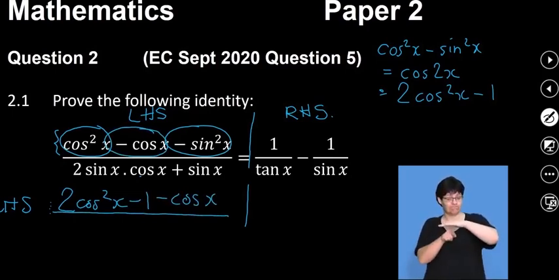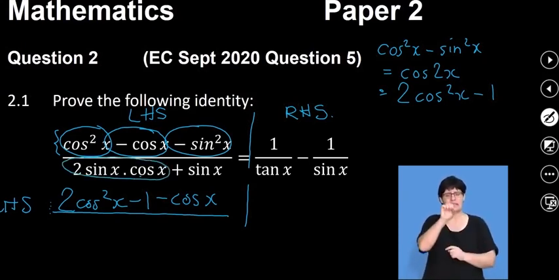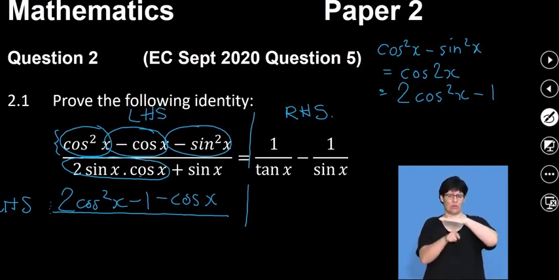In the denominator, we could possibly turn that into a sine of 2x, but again, that's not going to be useful, because then I'm going to have a 2x and an x, they're different angles, all in the same denominator, and I can't work with different angles like that. So rather, I'm going to try the approach of factorizing.